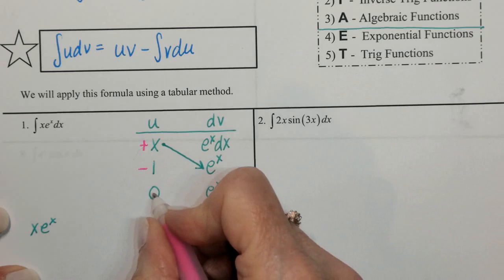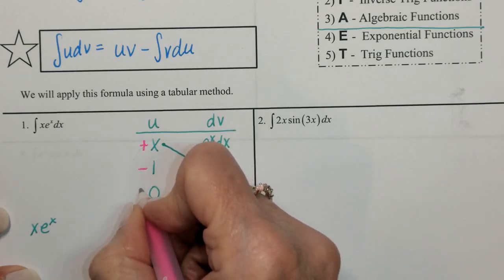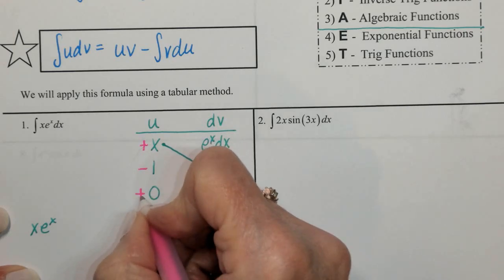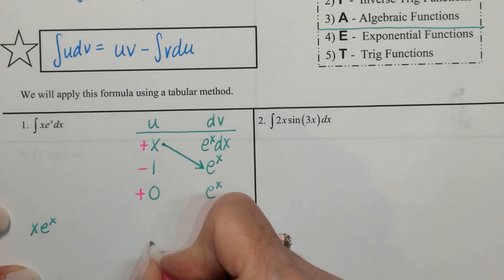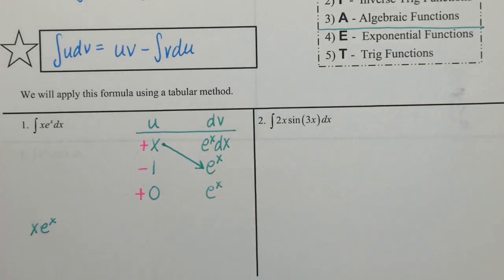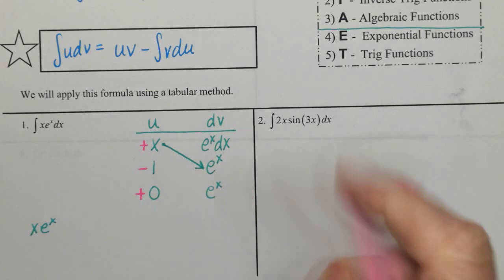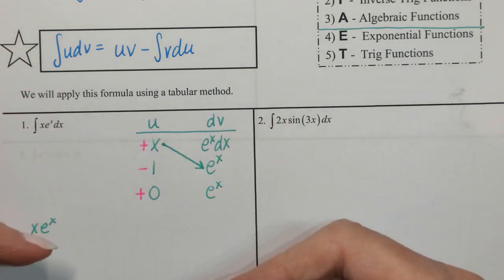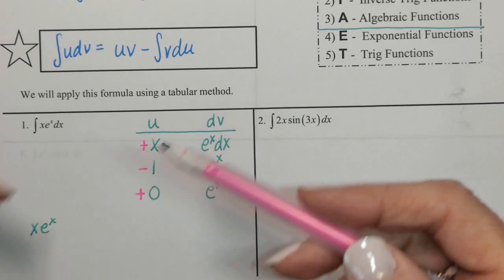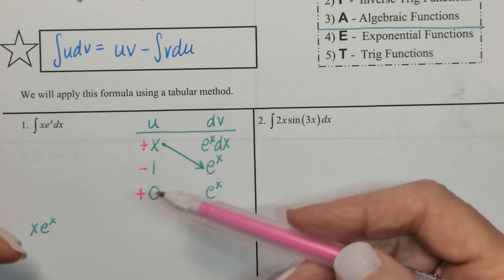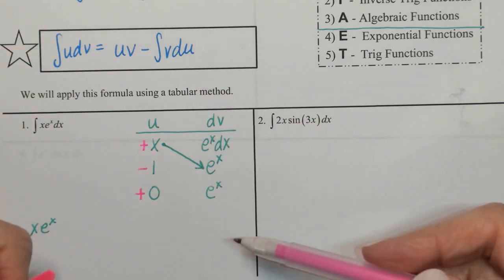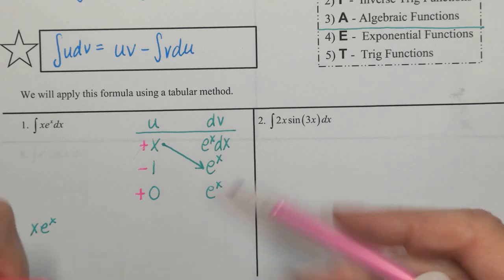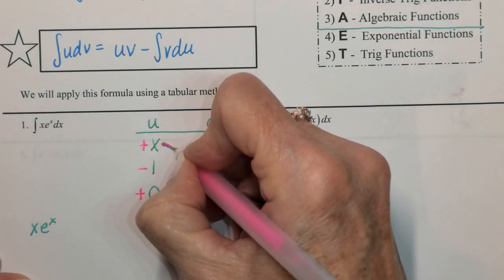If it continued, I know we have a 0 here, but if it continued, we would do plus, minus, plus, minus. That allows us, you guys, this tabular method allows us to do several iterations of the integration by parts process, all in one table. Okay? So we go from here to here.